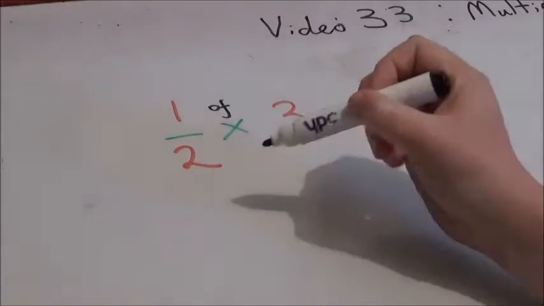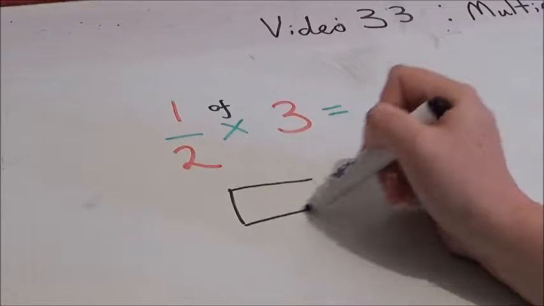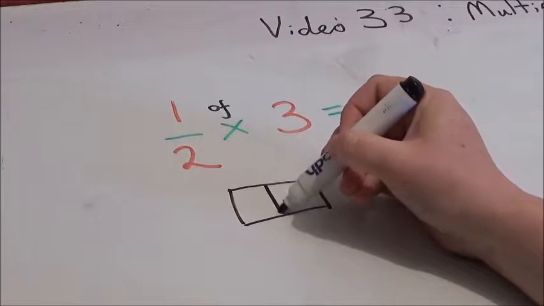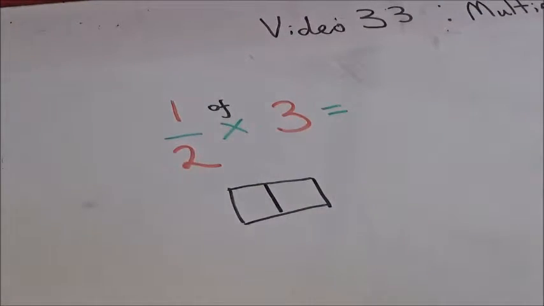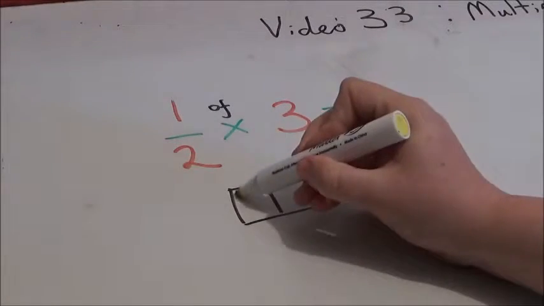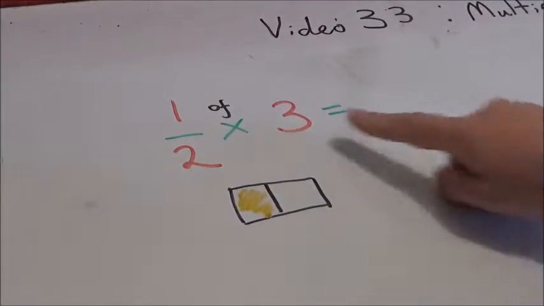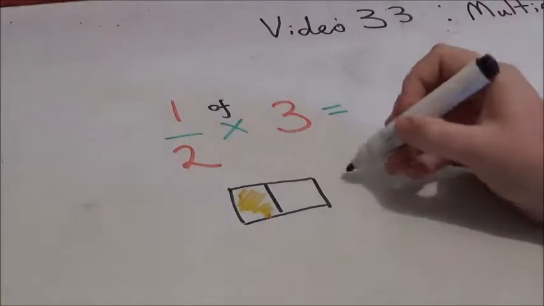So I've got a half. Again, I'm drawing out my box and I'm sharing it equally. So that's my 1/2, and it says I'm going to repeat that 3 times.